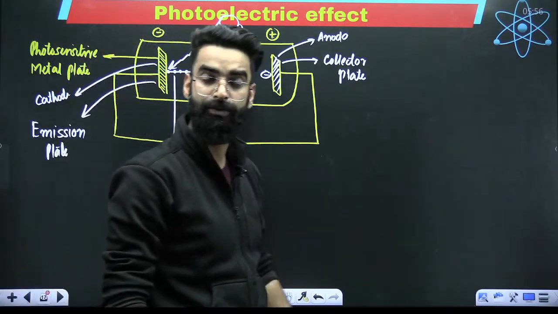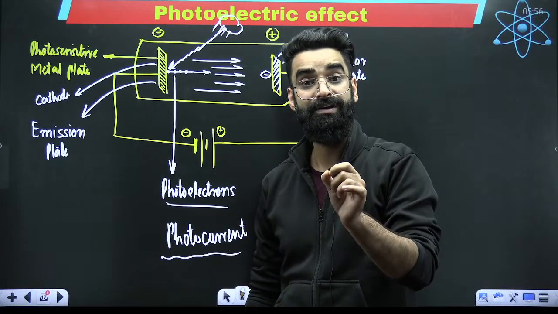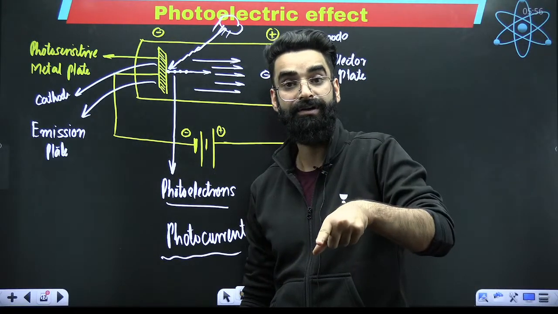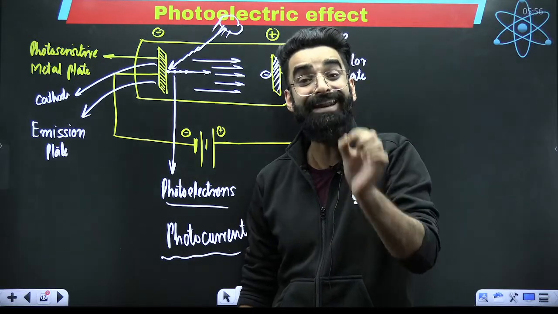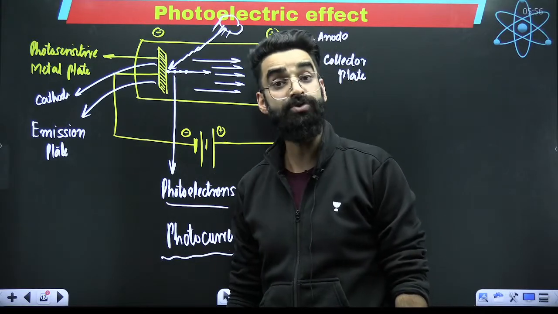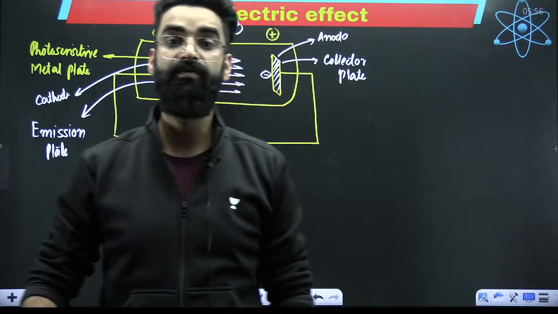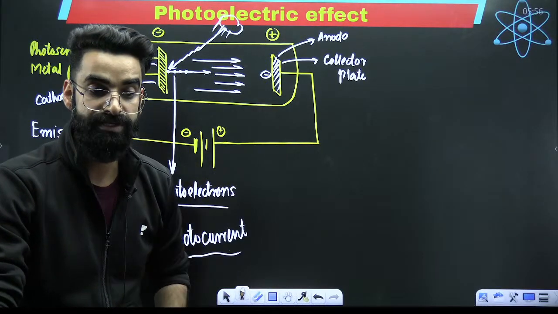That reverse voltage, that reverse potential at which the most energetic photoelectron stops, that reverse voltage is something which you call a stopping potential.